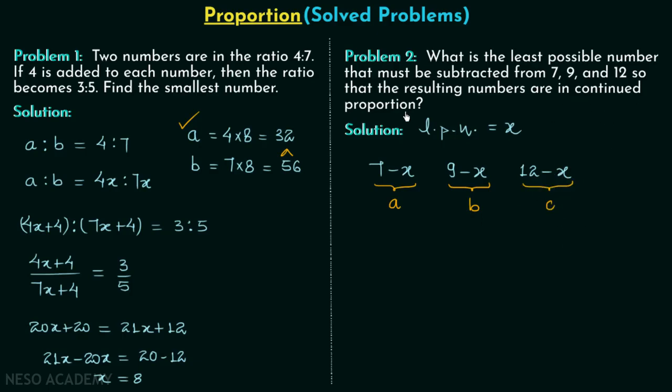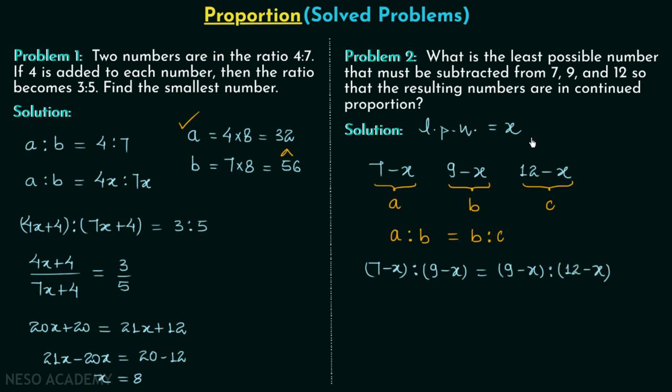And continued proportion we already know means A ratio B is in proportion or equal to B ratio C. So we can say that 7 minus x ratio 9 minus x should be equal to 9 minus x ratio 12 minus x. Now from here we can easily find out x.